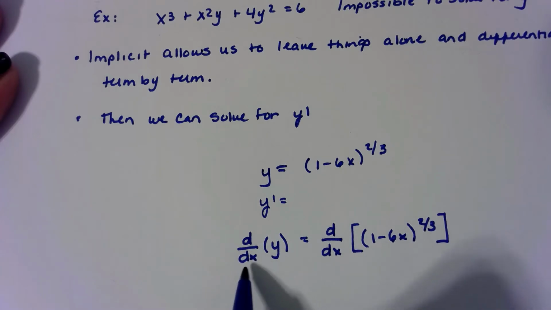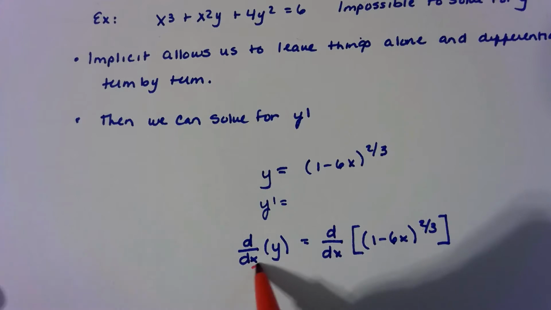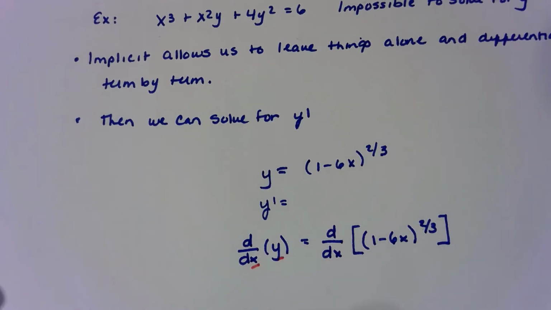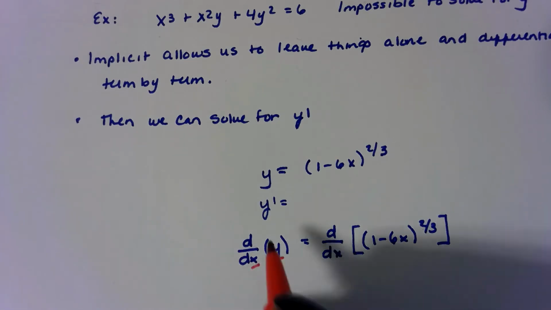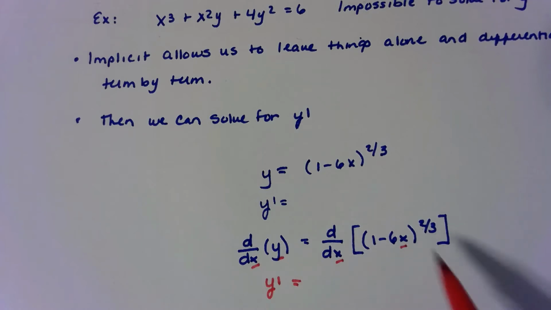Now, the derivative with respect to x of y, well, this variable does not match that variable. So we take the derivative as though it were just the derivative of x, which is 1, but we have to multiply it by dy dx. You notice dy dx, or y prime. So I'd say this is y prime equals, now on this side it's easy because this variable matches that variable, so we're just going to differentiate as we would.